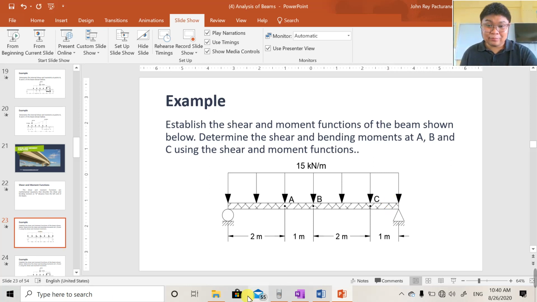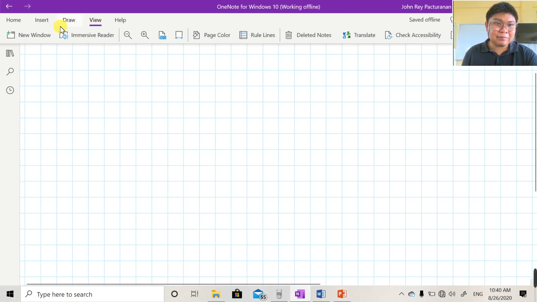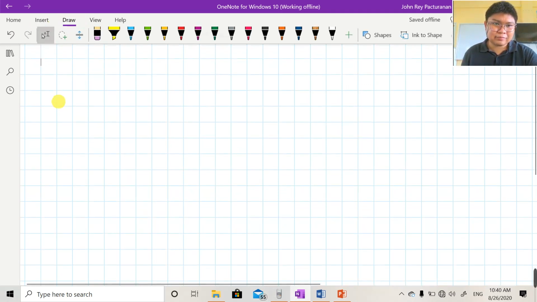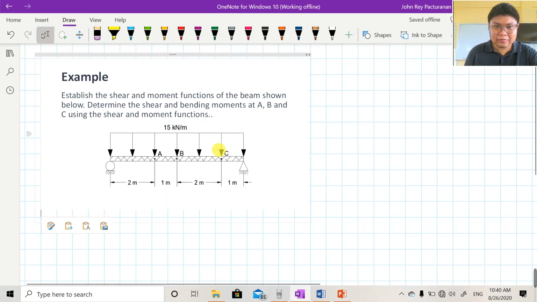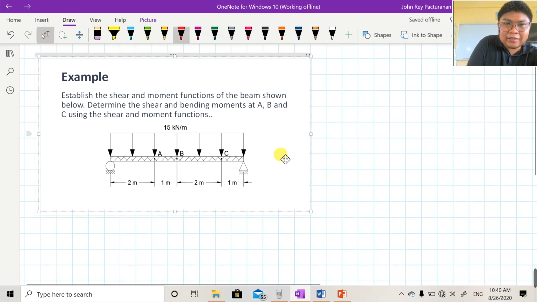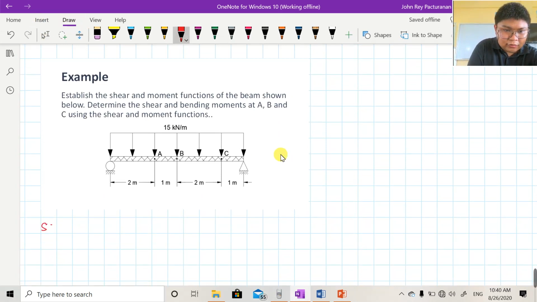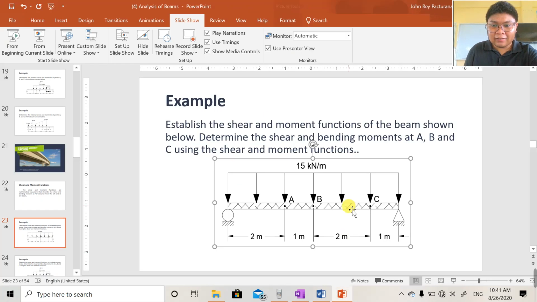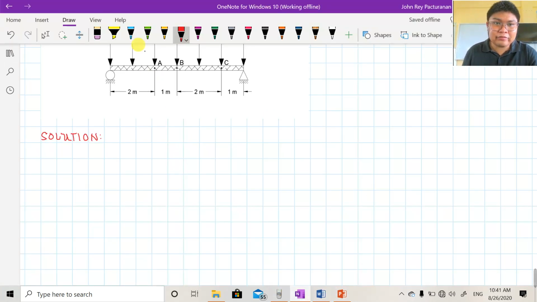So, this time, punta tayo sa ating Microsoft OneNote. Okay? So, sige. Ayan siya. So, therefore, simulan agad natin class yung solution. So of course, based doon class sa ating computation nung nakaraan, yung reaction doon sa dalawang supports ay both 45 kilonewtons, okay?